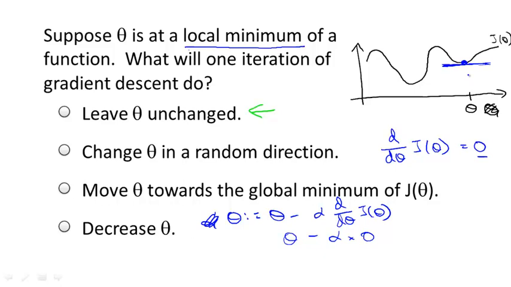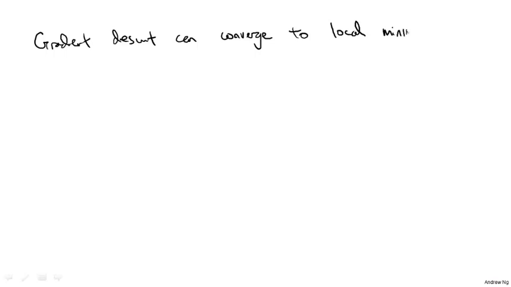And in fact, using this intuition, we'll also be able to see how gradient descent can converge to a local optimum, say a local minimum, even with the learning rate alpha remaining fixed.